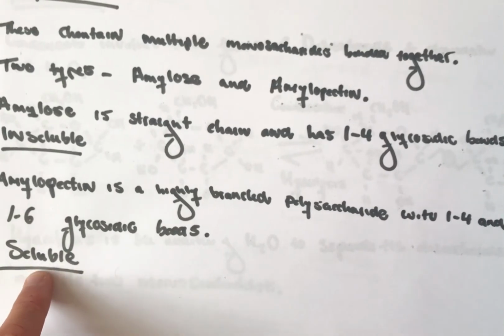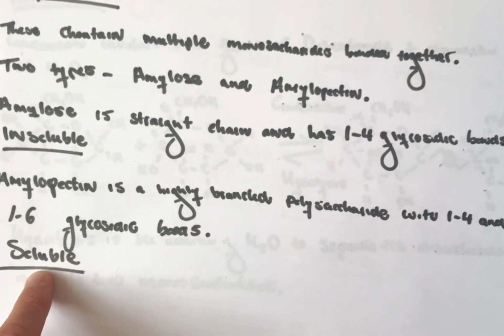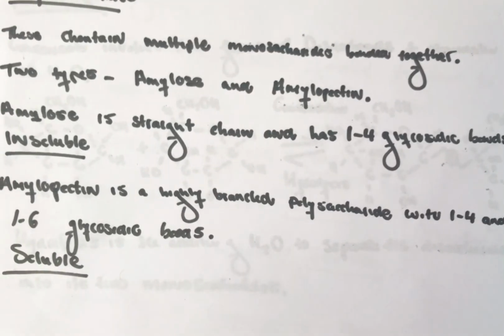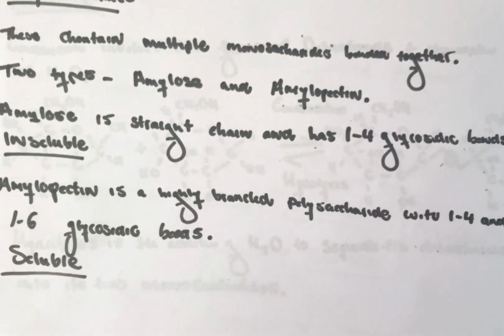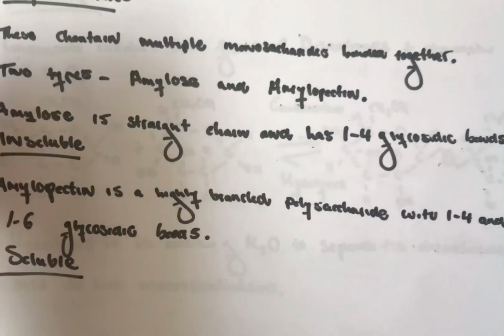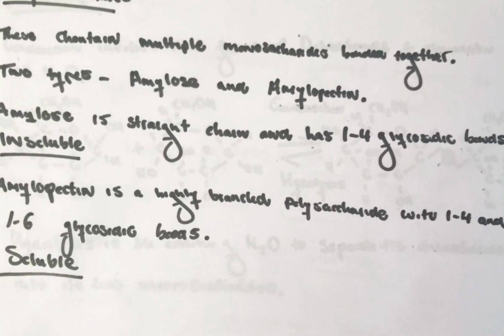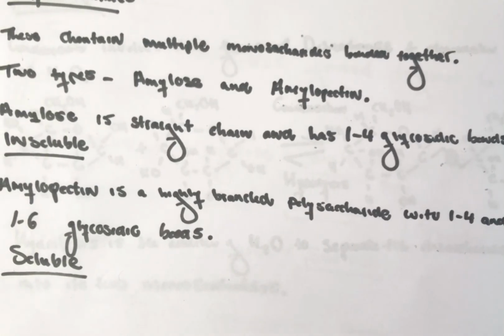Amylopectin is soluble and more easily digestible, and is about 70% starch. It's also important to note that both amylose and amylopectin are made from alpha glucose.